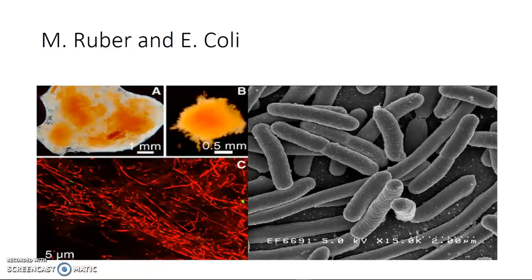Myothermus ruber lives in extremely hot conditions, in vents, and it's very, very red, as we see here in the color of the image, and that's where it gets its name ruber, which is Latin for the word red.